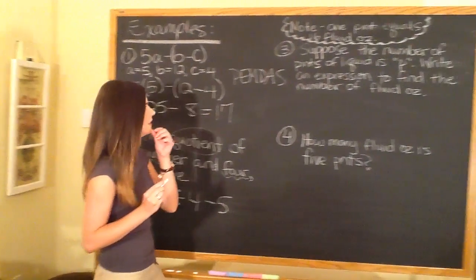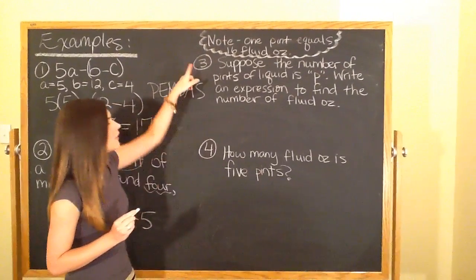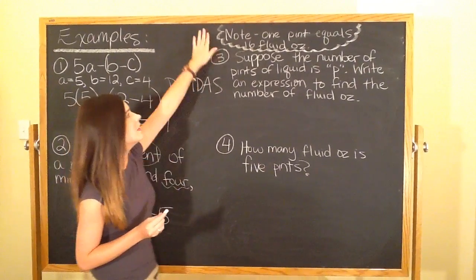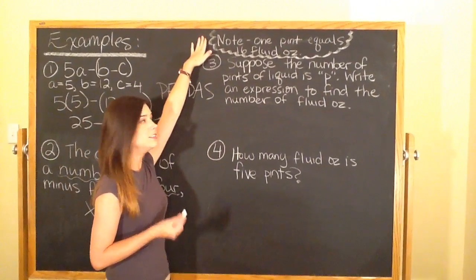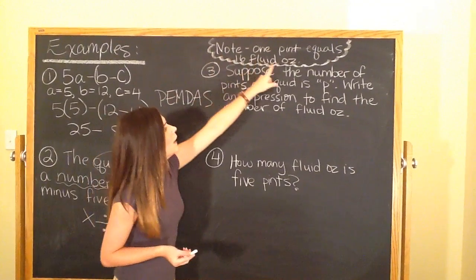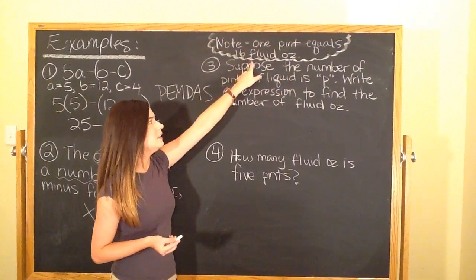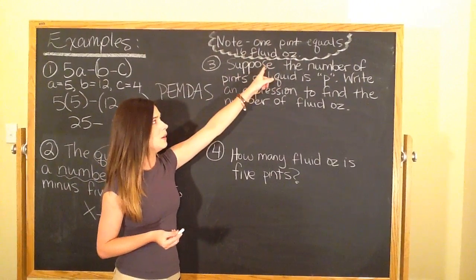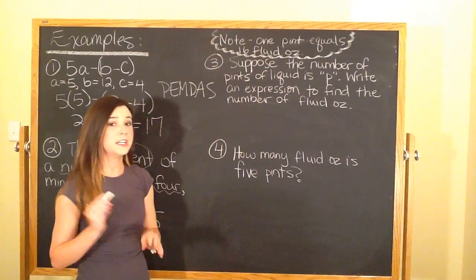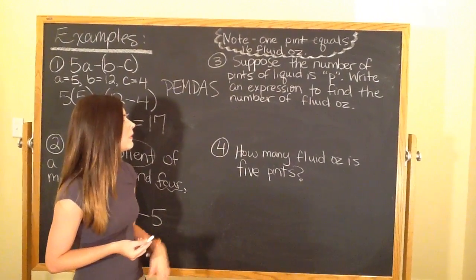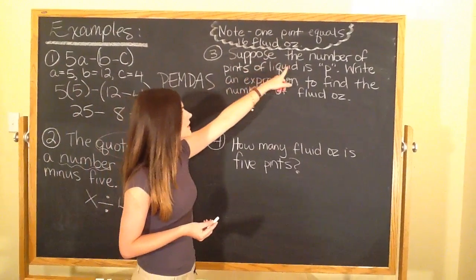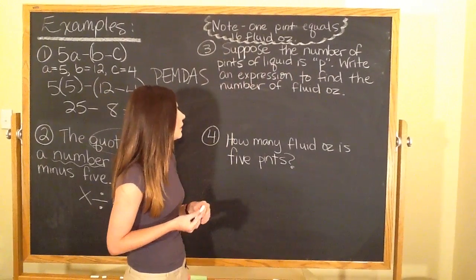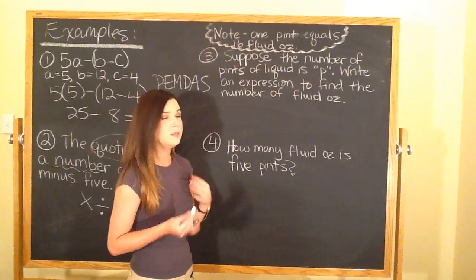Let's move on to example number 3. For 3 and 4, we're going to be using this special information up here. We are given that 1 pint equals 16 fluid ounces. We're going to need to know that for both of these problems. Suppose the number of pints of liquid is P, which is going to be our variable.